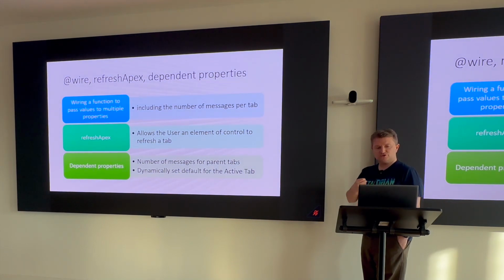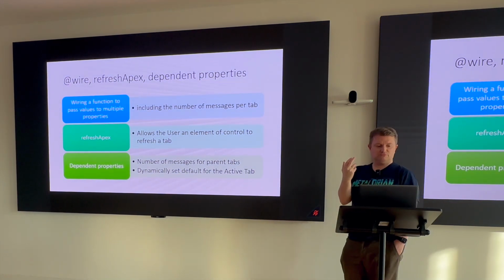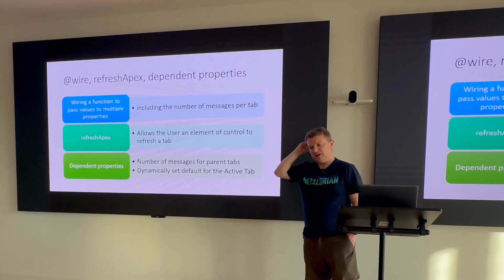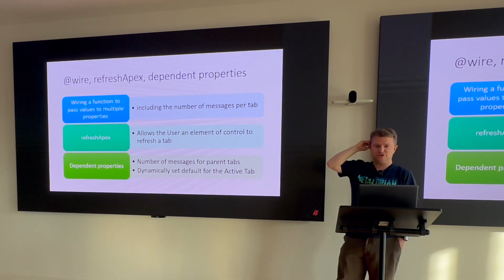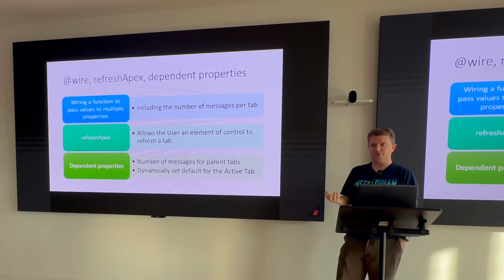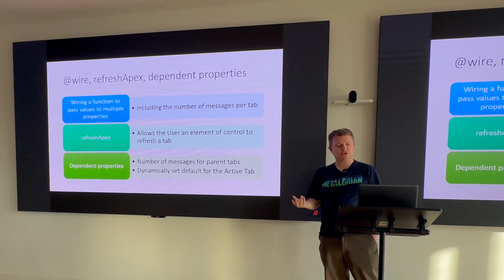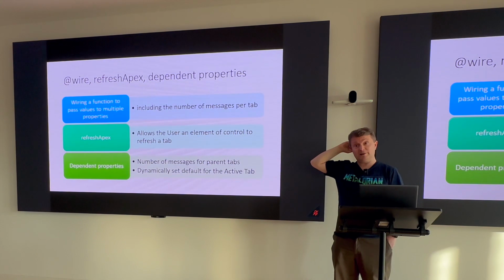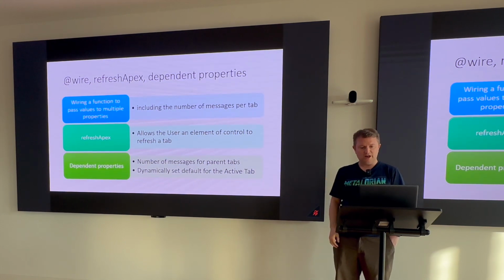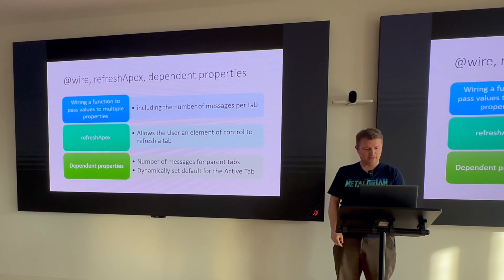I'm gonna show you about the @wire function, wiring a function, and using the refresh Apex method, and then talk a bit about the dependent properties. So basically, how we add up the number of messages for the parent tabs, and more importantly, how I'm dynamically setting that default tab to be the one that has the most messages.